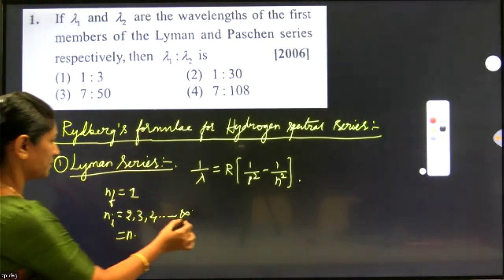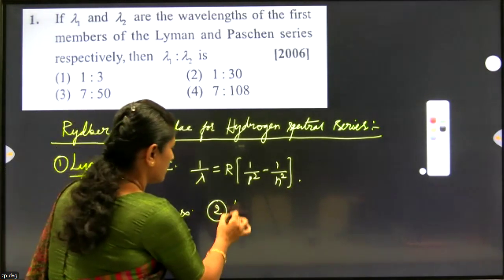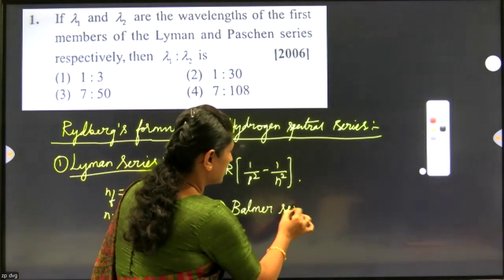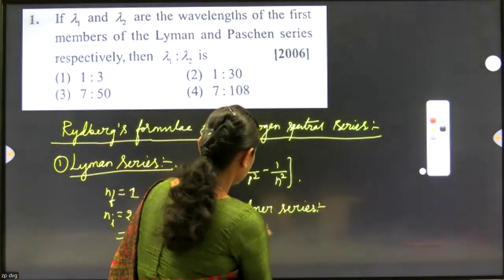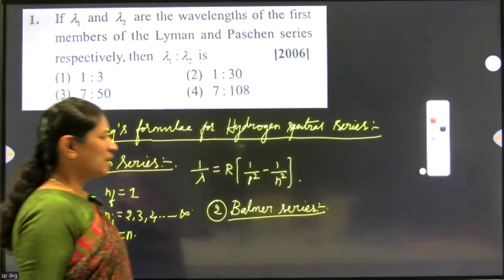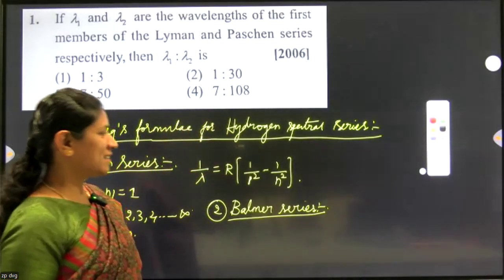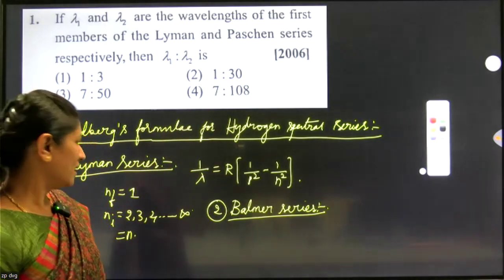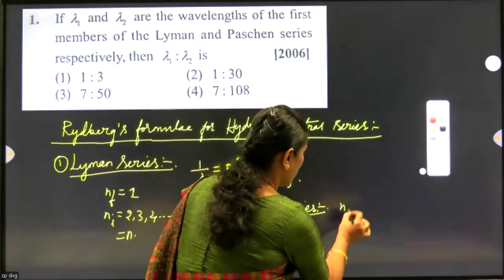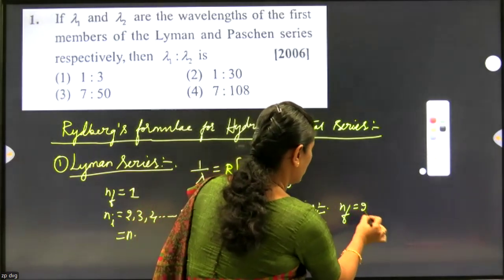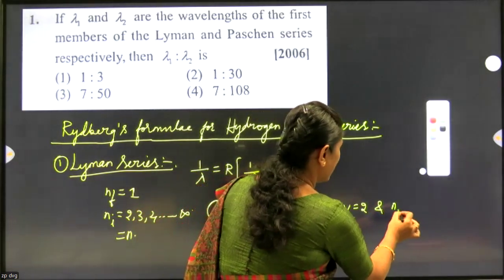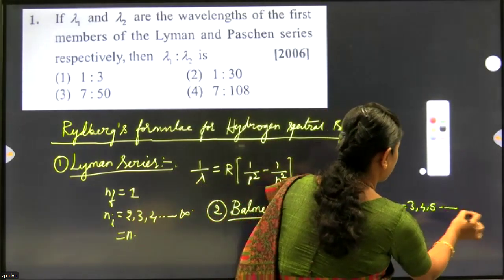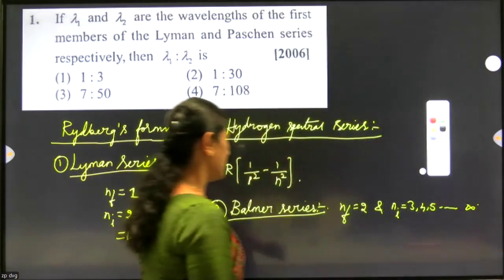Next, the second one, Balmer series. Balmer series is due to the transition of an electron from any higher state to the second orbit. Therefore, here nf is equal to 2 and ni is equal to 3, 4, 5, etc. up to infinity.